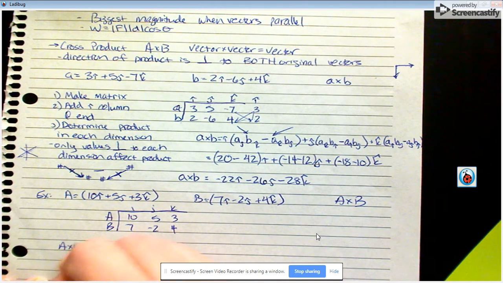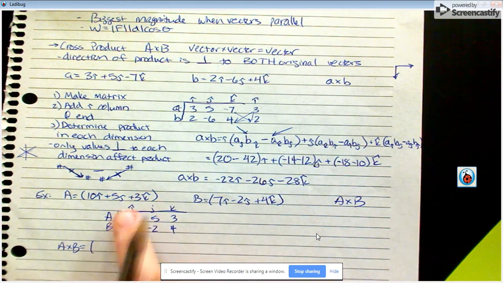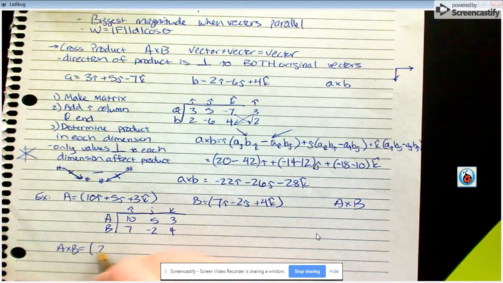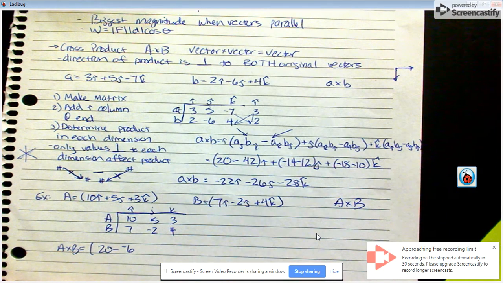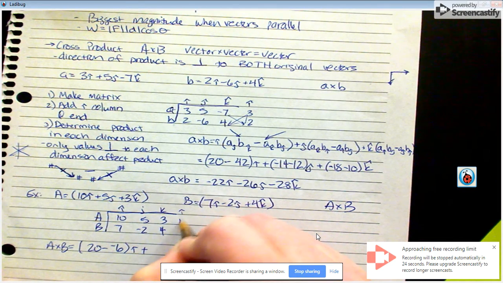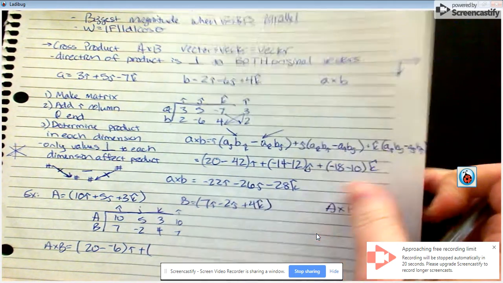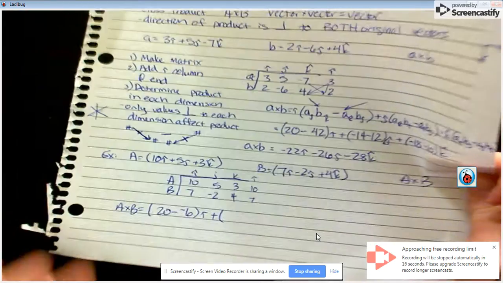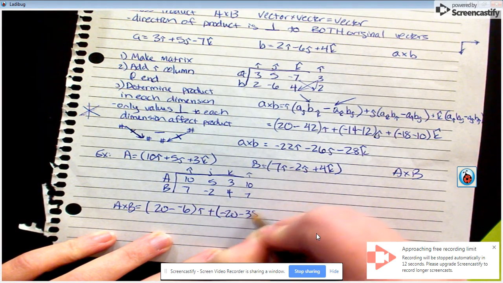A cross B is going to be in the i hat direction, 5 times 4 minus 3 times negative 2, which is negative 6. I'm going to add my other i hat column. That's going to be negative 20 minus 35.